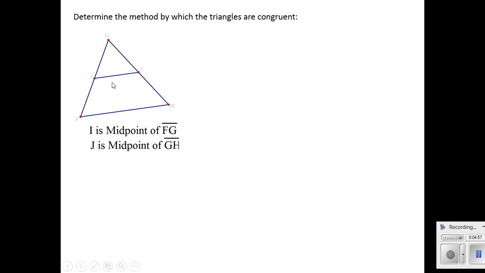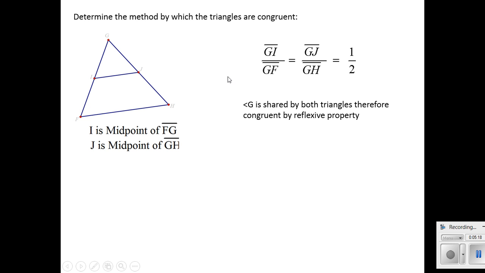Well, if it's the midpoint, then there's a 1-to-2 ratio between GI and GF, as is between GJ and GH. That, along with the shared angle, would suffice, okay? So here's our 1-to-2 ratio.